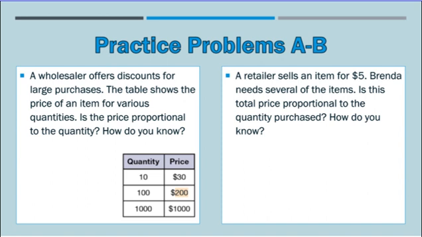Next one, a wholesaler offers discounts for large purchases. The table shows the price of an item for various quantities. Is the price proportional to the quantity, and how do you know? So let's take a look at that one.